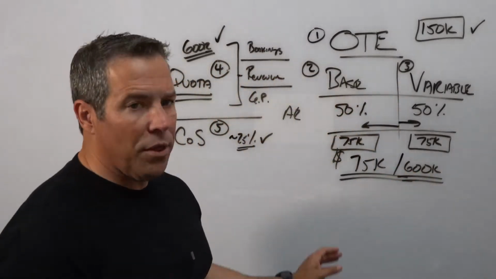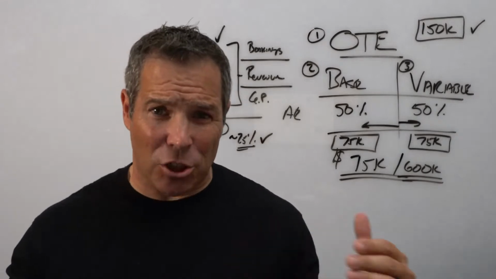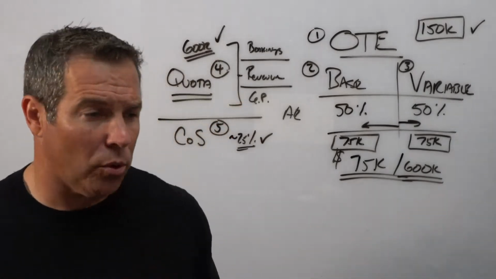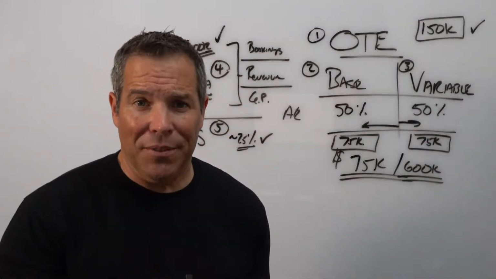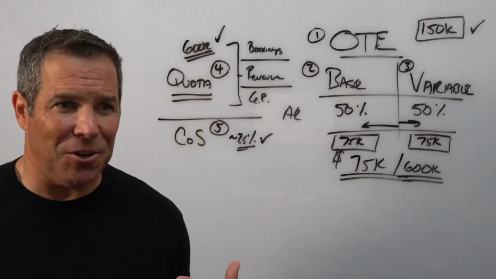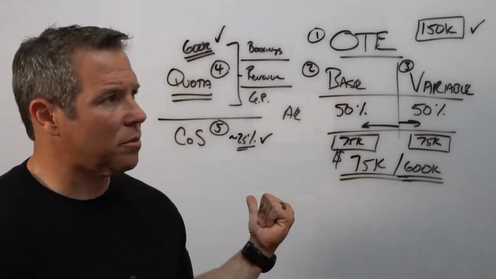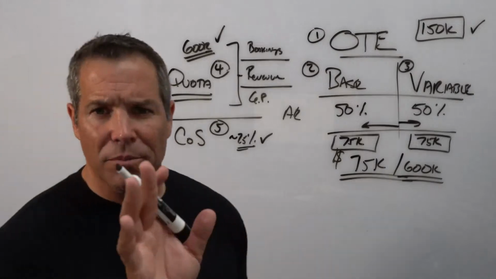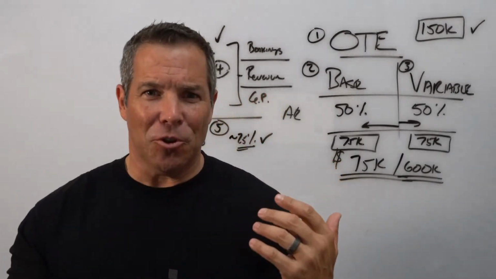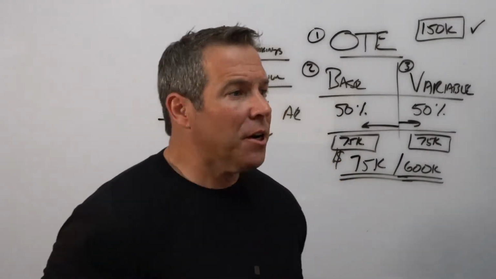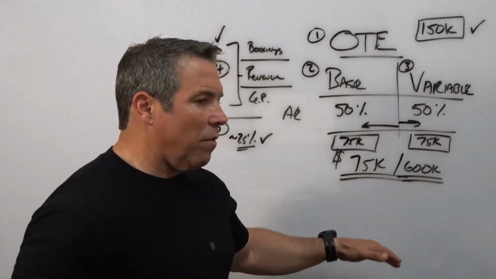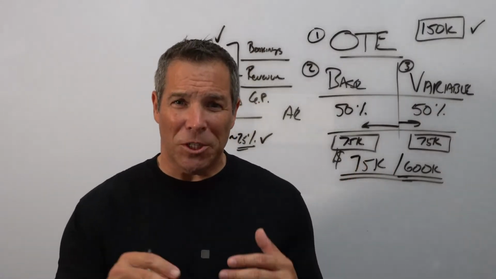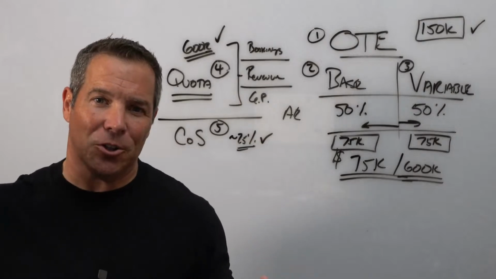Well, one way we could do it is just pay a flat 12.5% across the board. I do not recommend that. I don't think that makes any sense. And here's the reason why. My numbers might be off a little bit, but somebody in the YouTube universe can correct me here. If we pay a flat 12.5%, there's really no incentive for that next dollar.